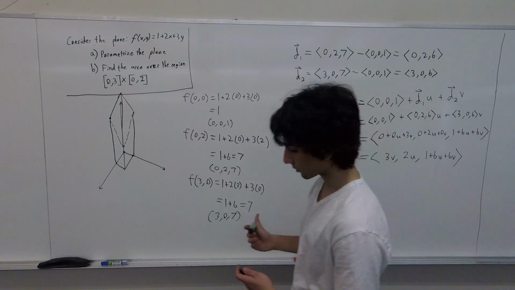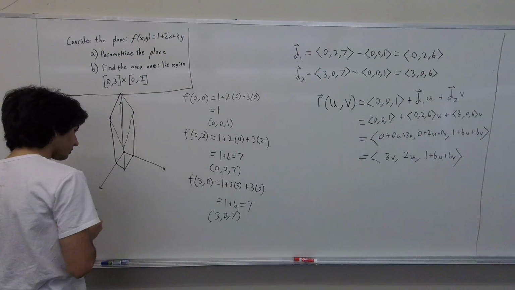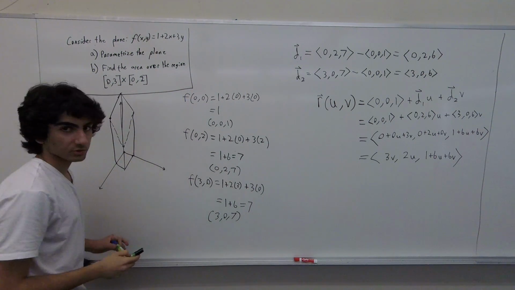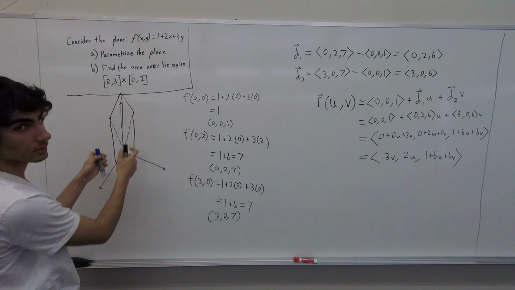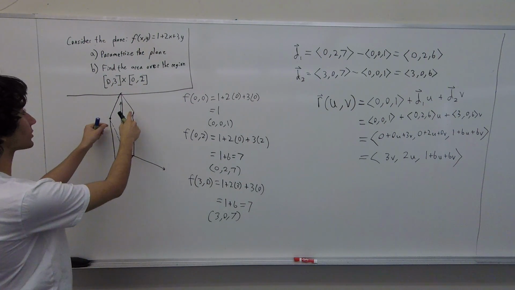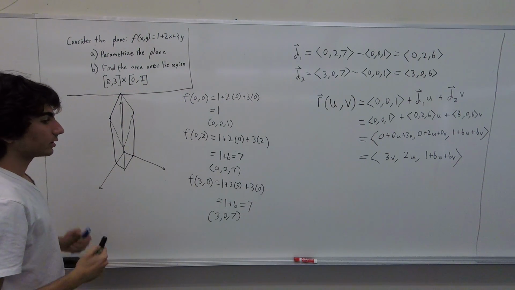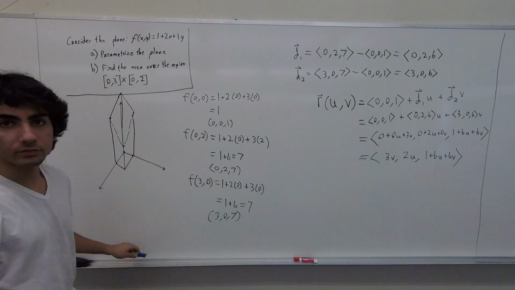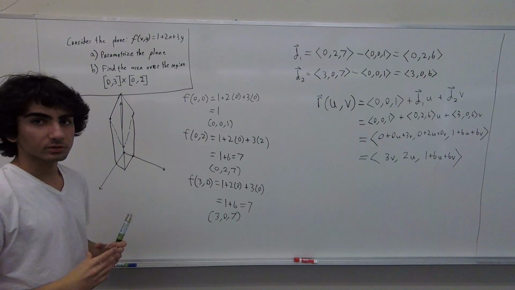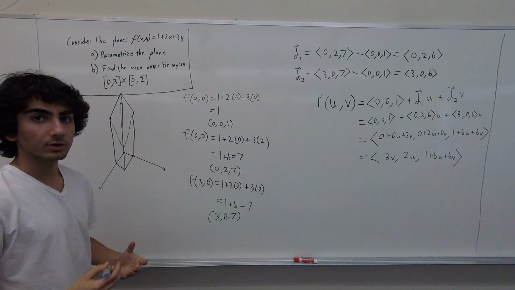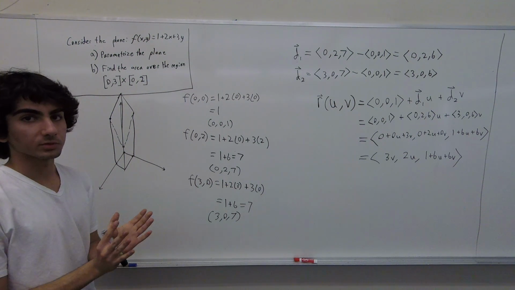Well, let's take another look. If you remember, we were thinking about this region, the parameterization, in terms of these two vectors that go along the boundaries of the parallelogram. And it turns out that one property of the cross product is the magnitude of the cross product of two vectors will give us the area of the parallelogram formed by them.